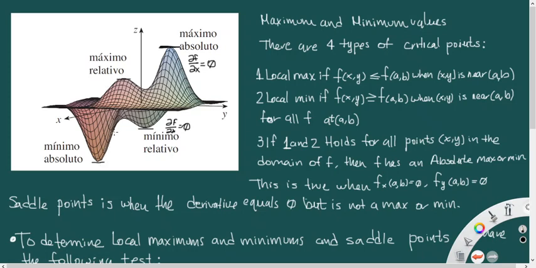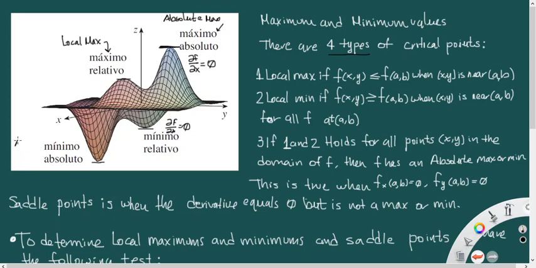We have four types of critical points. One of them is the local max, which is this one over here. This is the local maximum. The absolute maximum.